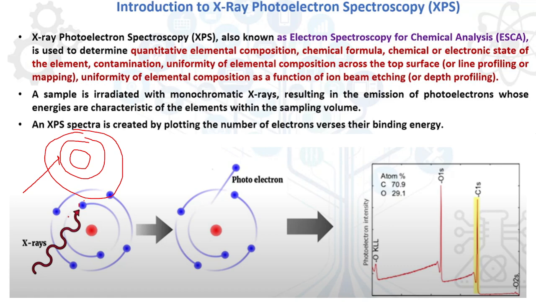Obviously the binding energy of different peaks, for example C1s or oxygen 1s, will change. The binding energy will not be the same if it is actually interacting. So from there you can say certainly that yes, it is cross-linking, or that there is some interaction.